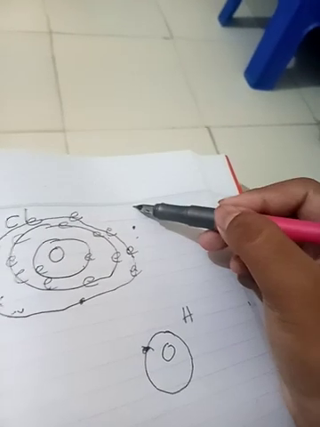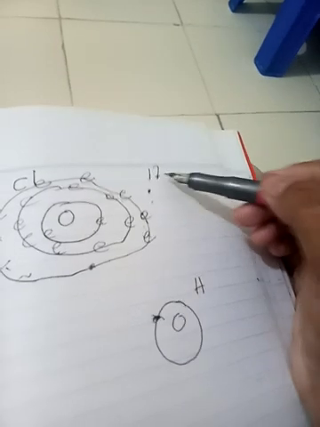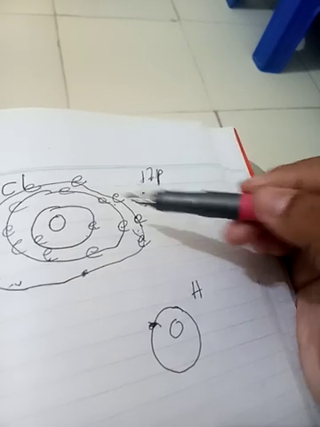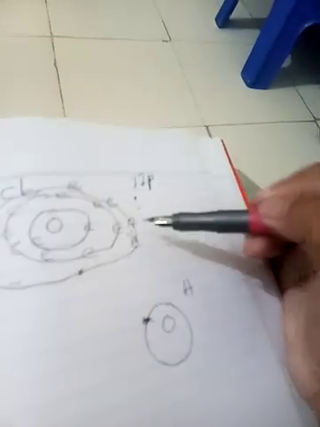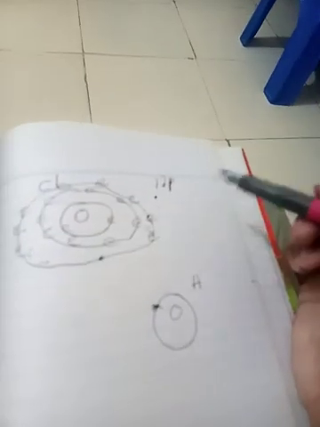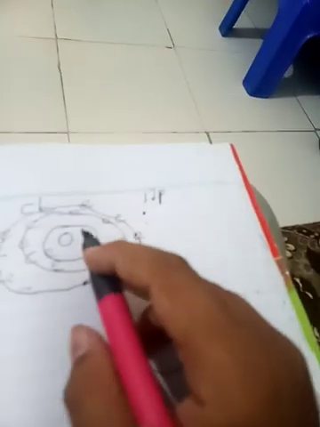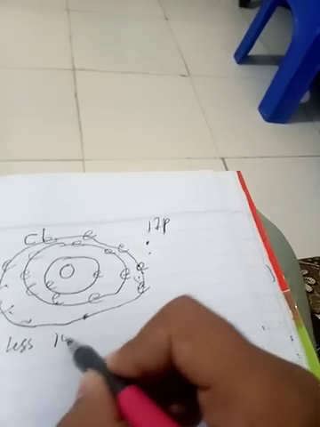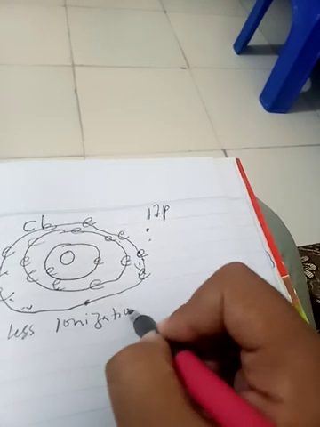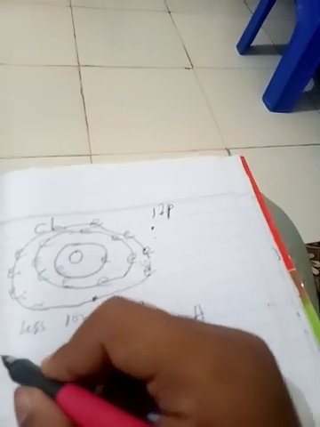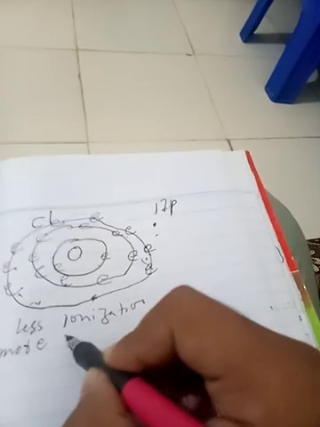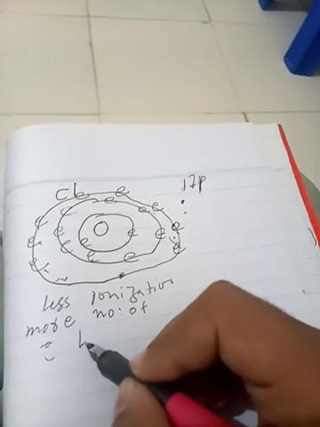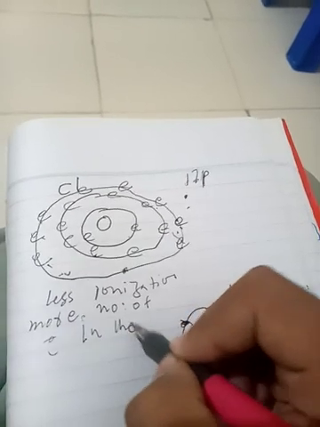The other reason is that chlorine has 17 protons, which attract the electrons so they do not go away.